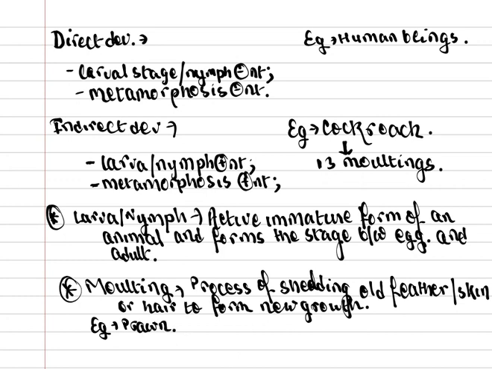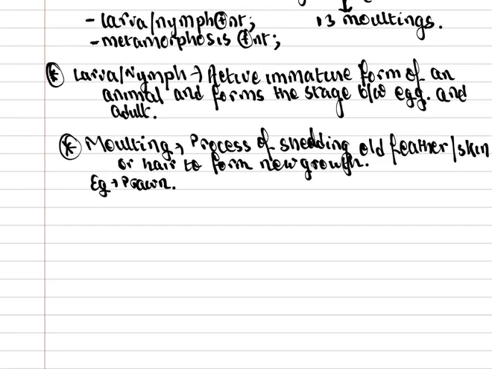Then let me give you a little more description about cockroach. Cockroach undergoes 13 moltings, meaning it has 13 larval stages.